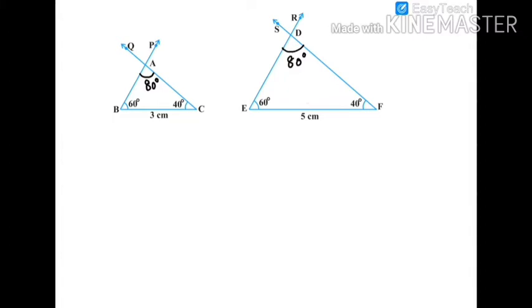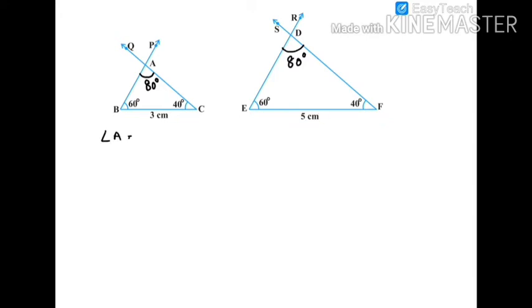Now what you can do is measure side AB and DE and find their ratio. Similarly, measure side AC and DF and find AC upon DF. And you will find that it will be equal to the ratio of BC and EF, that is 3:5.